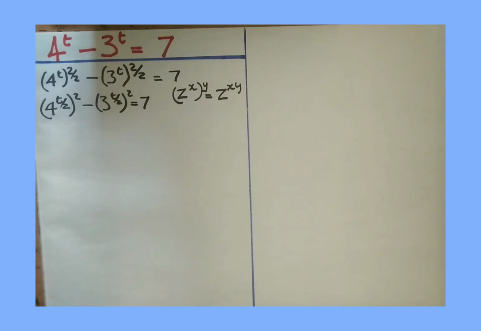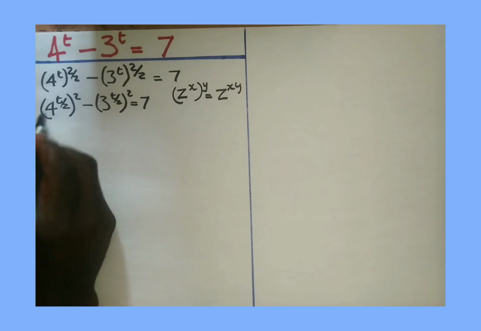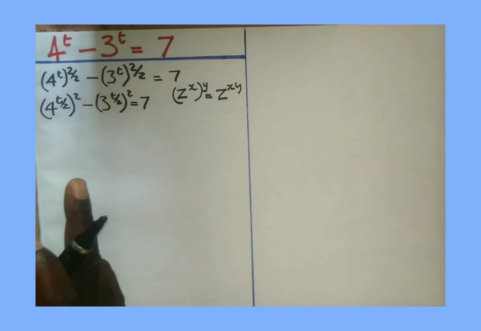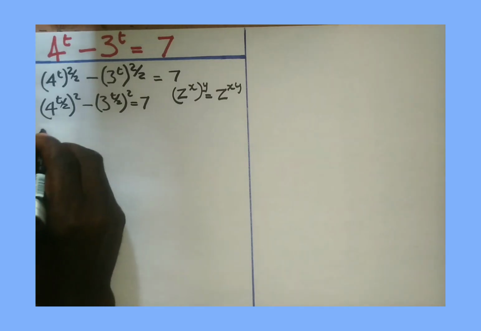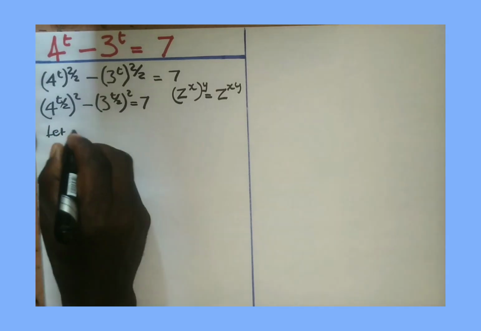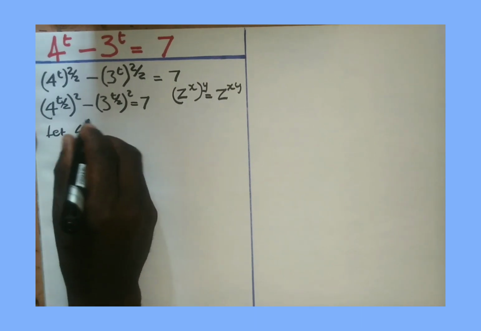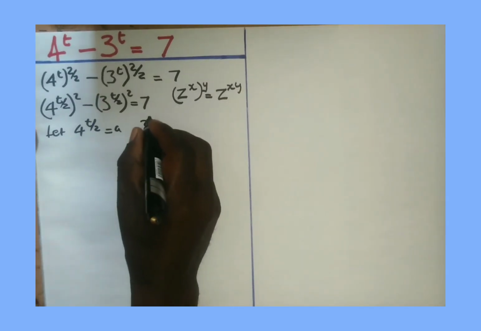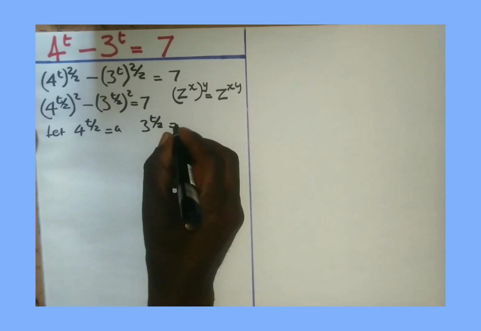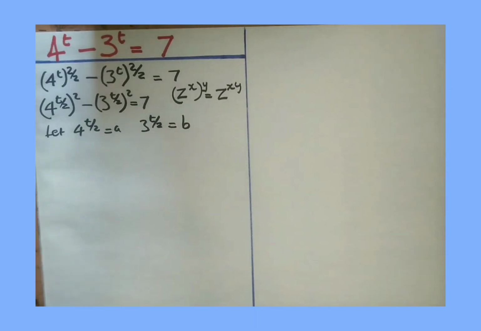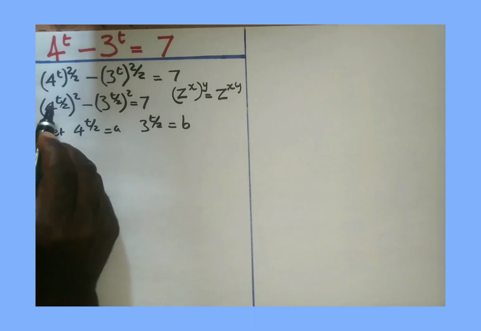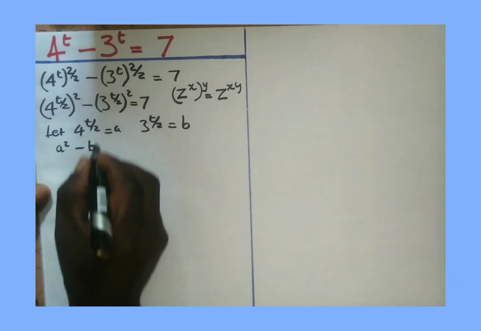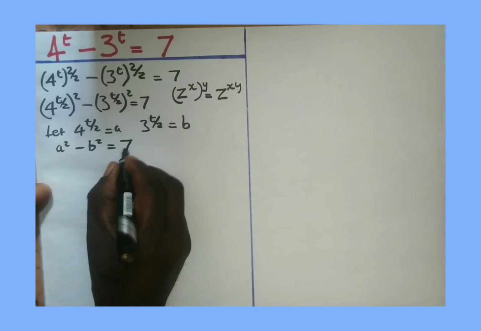Now, secondly, let 4 to the power t over 2 equal a, and 3 to the power t over 2 equal b. So our equation then becomes a squared minus b squared is equal to 7.